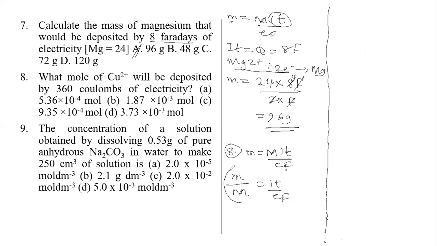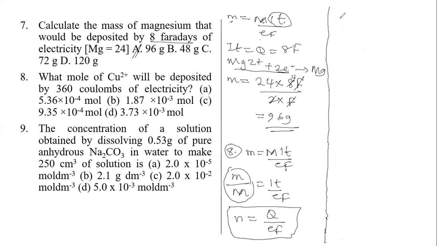Mass over molar mass is mole. So mole equals IT, which is Q, over EF. When you are asked to calculate the moles in electrolysis, you just remember this formula immediately.